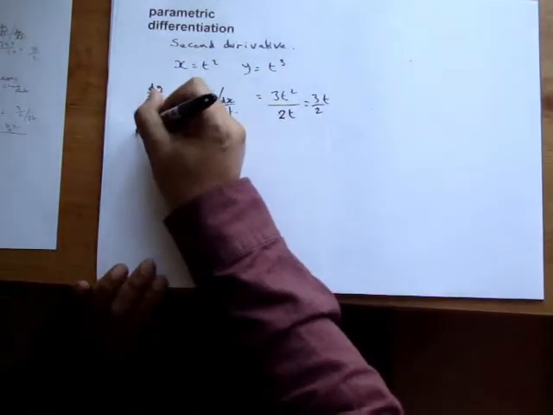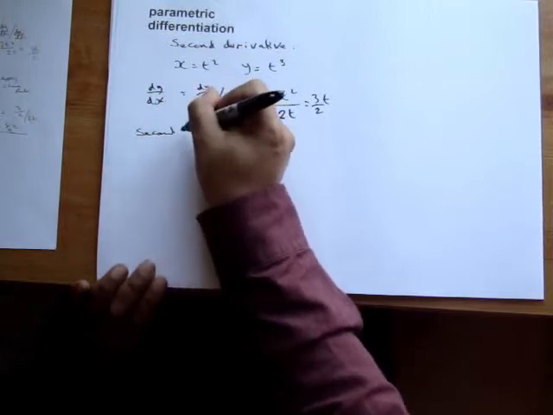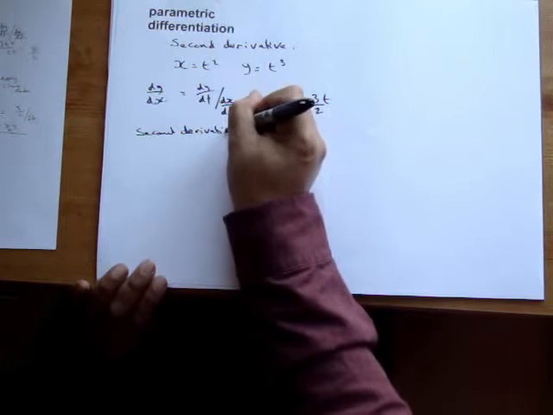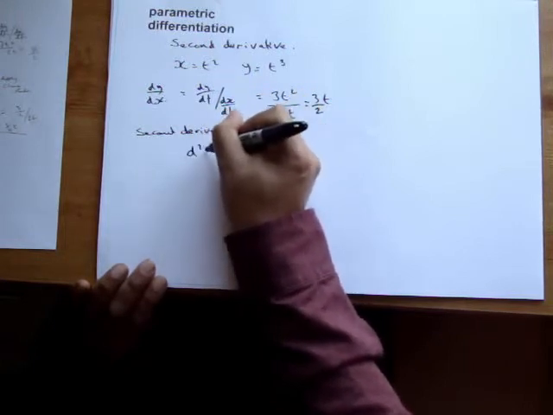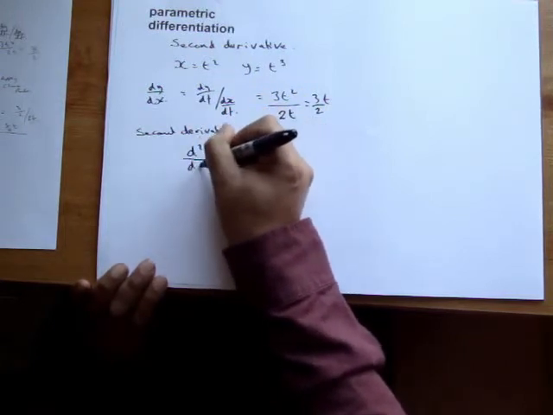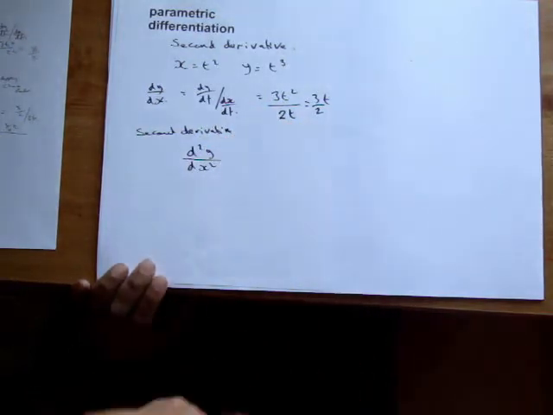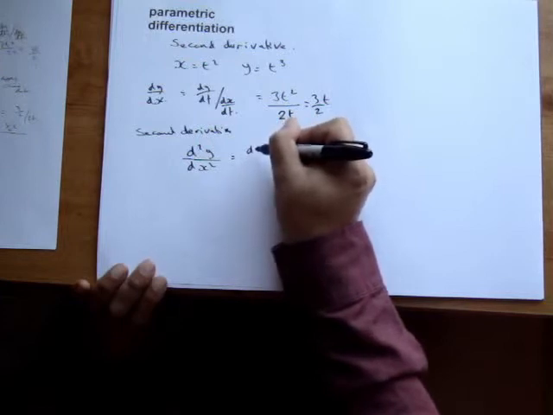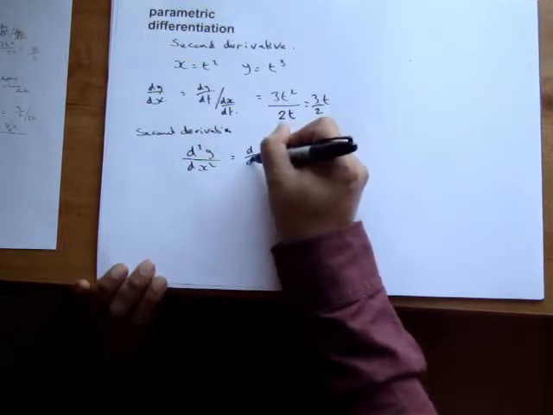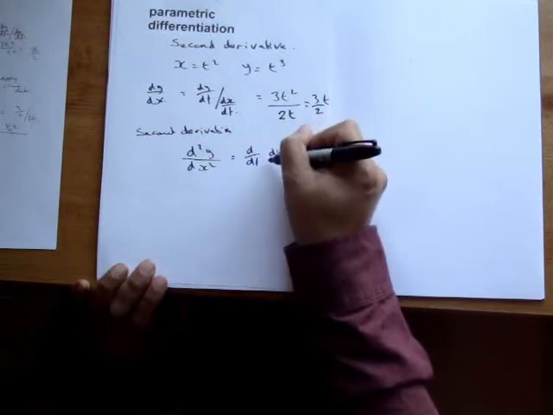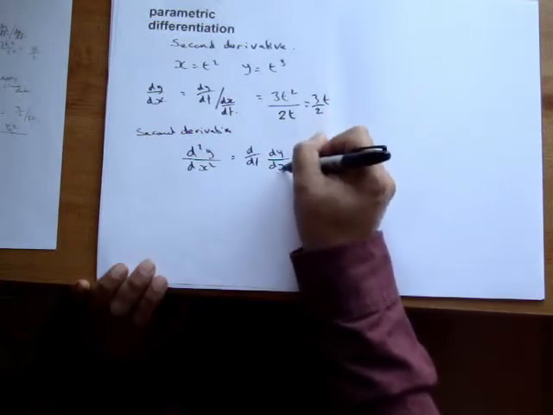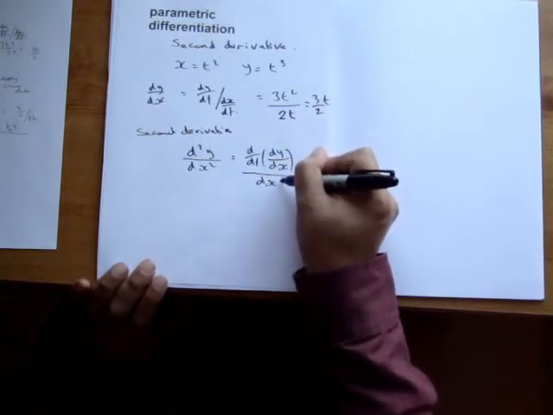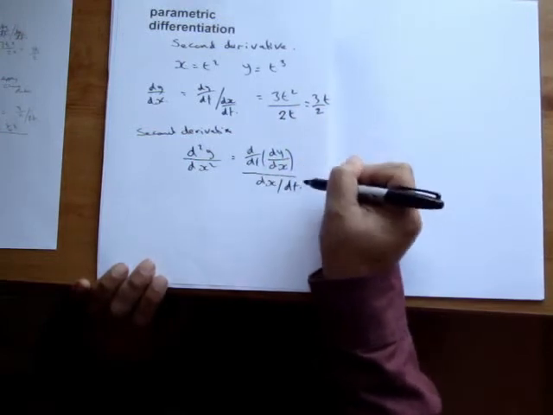So the second derivative written in that notation then becomes d by dt of dy by dx, all divided by dx by dt.